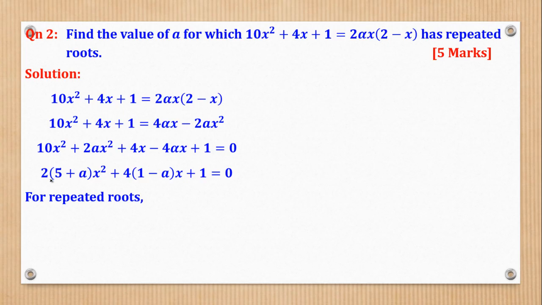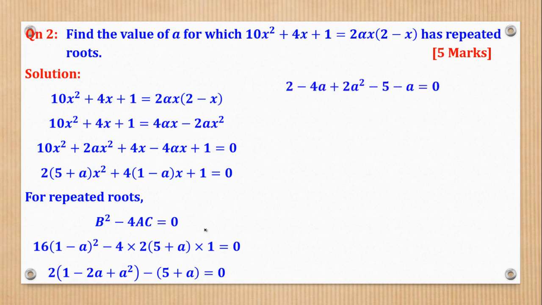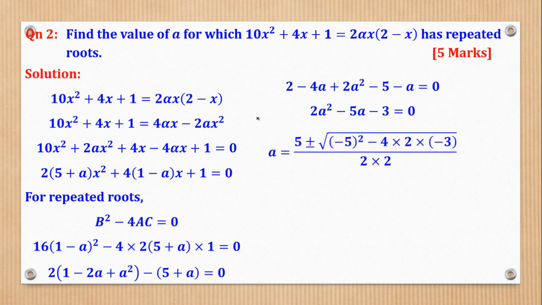Then the condition for repeated roots, b squared minus 4ac is equal to 0. So expand, open brackets, and then you simplify to get a quadratic, which can be solved by the quadratic formula to get the 2 values of a. And that's what they wanted.